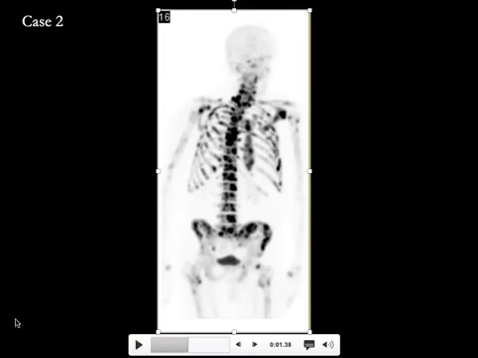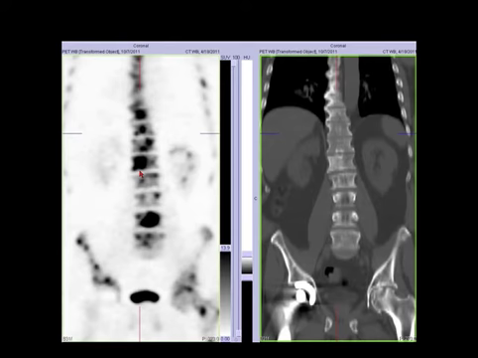So let's look at fused or coronal images from the same study. And here we have a coronal PET image on the left and the corresponding CT image on the right. And you can see that this focus here of osteoblastic bone metastases corresponds to a sclerotic lesion.